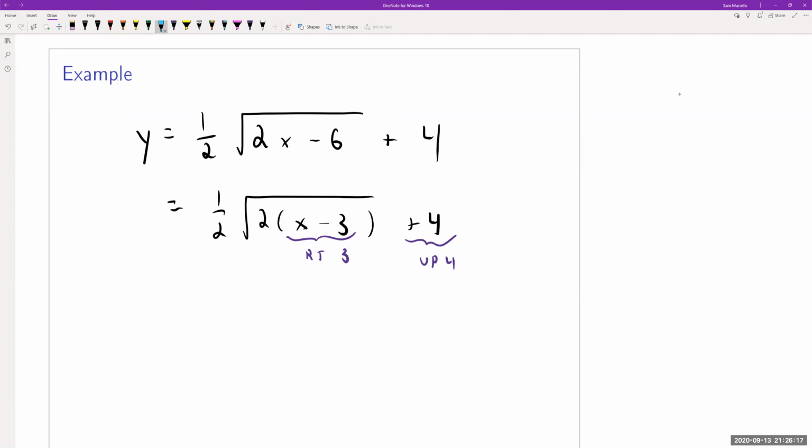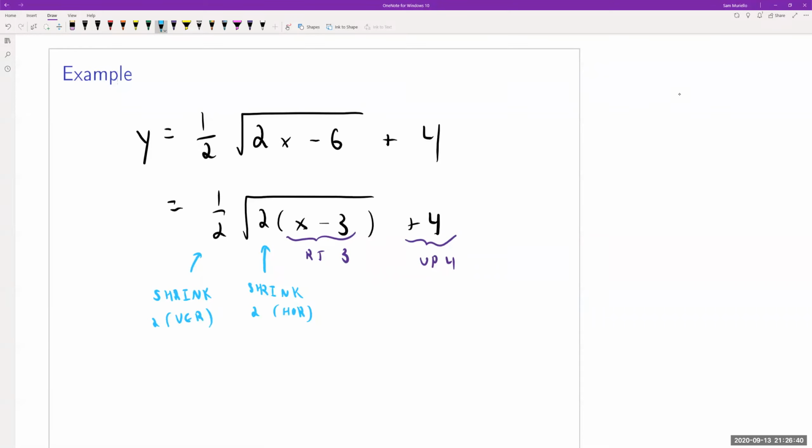Then I'll identify the stretching. So this would be a shrink of 2 horizontally, and this would be a shrink of 2 vertically.